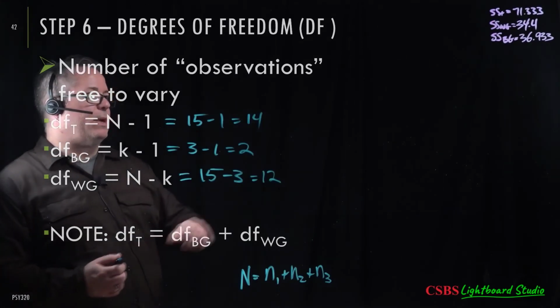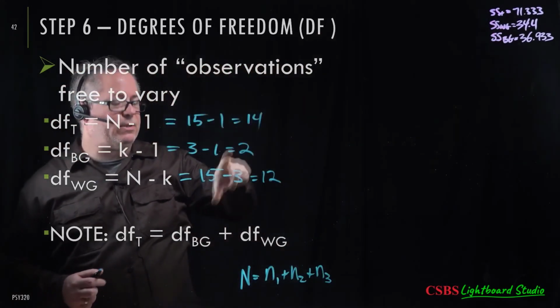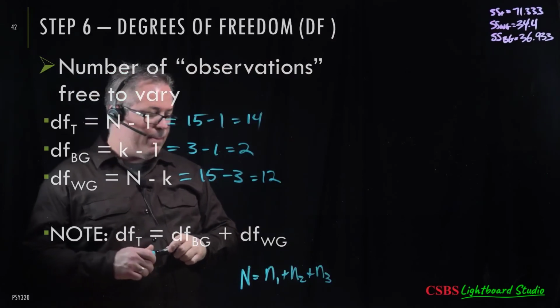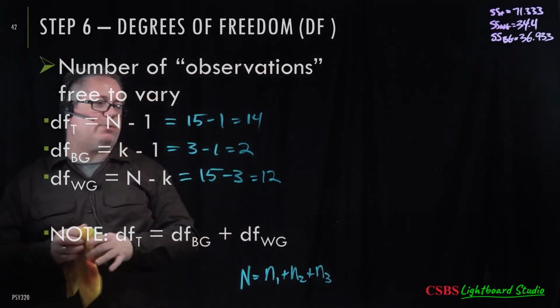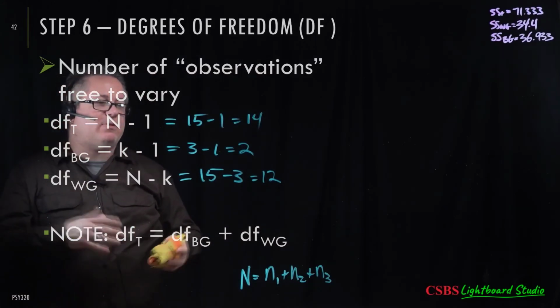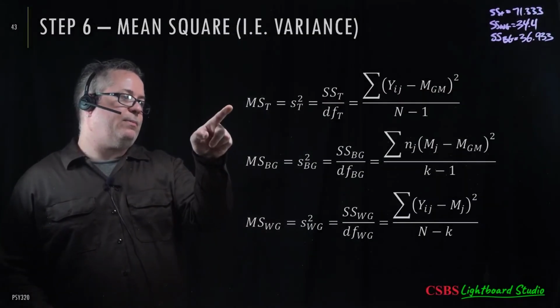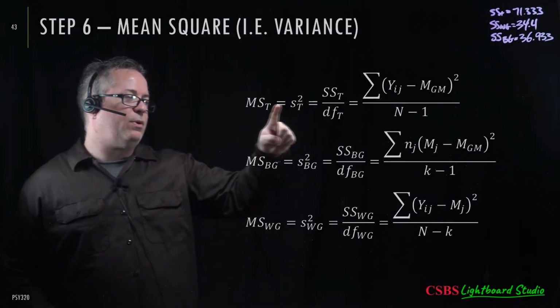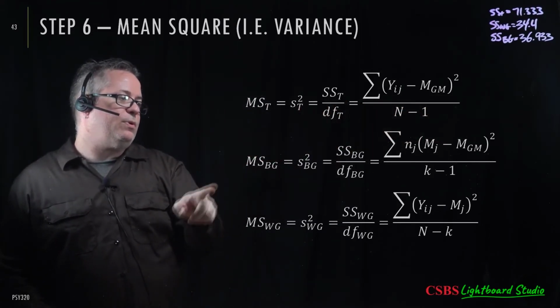So now we need to combine our sum of squares and our degrees of freedom to compute the mean squares, or the variance between, the variance within, and the variance total. You don't actually have to compute the variance total, but you can if you want. So we need a mean square total, mean square between groups, and mean square within groups.